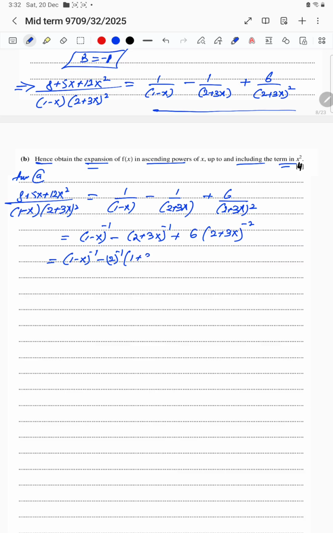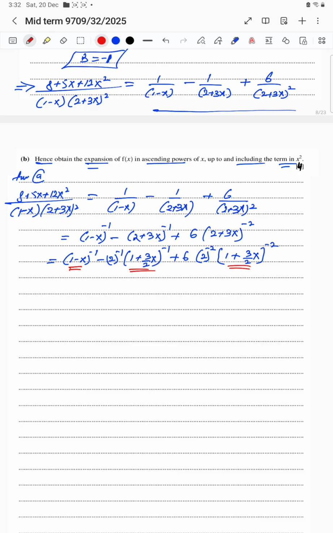So it will be (1 plus 3 by 2 x) to the power minus 1, plus 6. When you take this 2 common with the power, it will be minus 2. Whatever is the power of the whole function, that will be taken along with the constant common term: (1 plus 3 by 2 x) to the power minus 2. Now we need to apply the binomial series here, here and here, and then after simplifying we need to write our answer in ascending power.